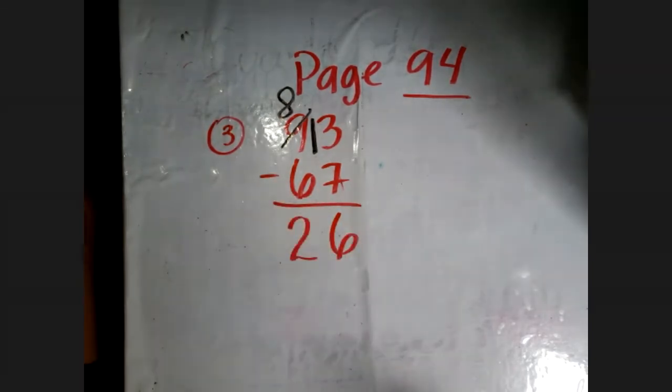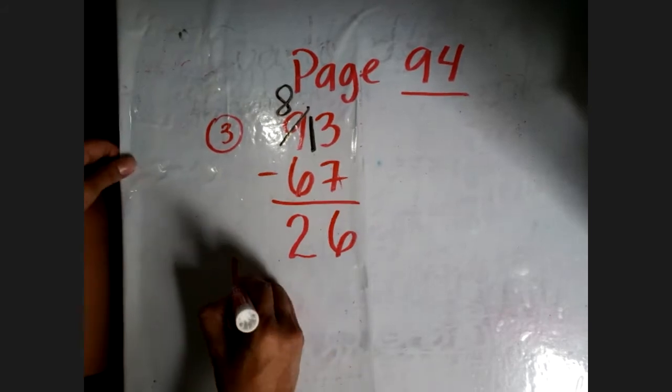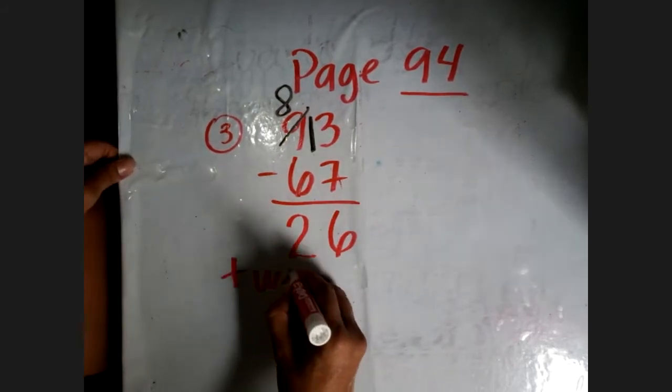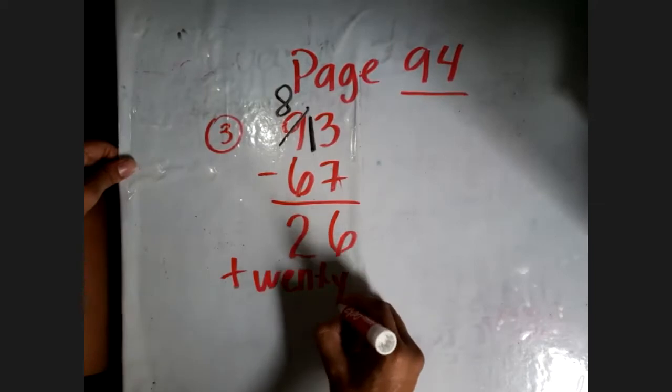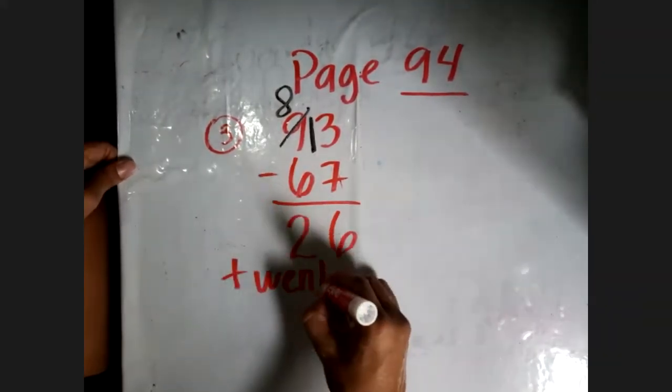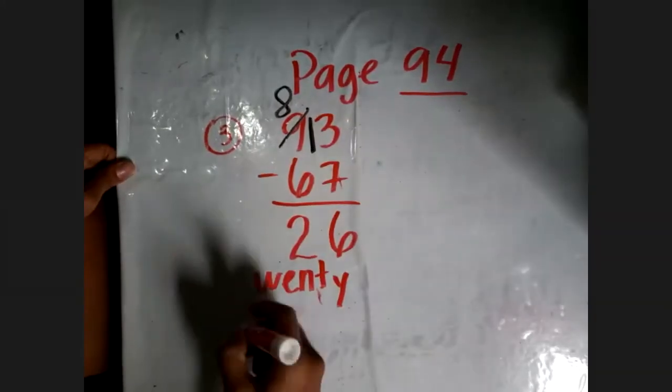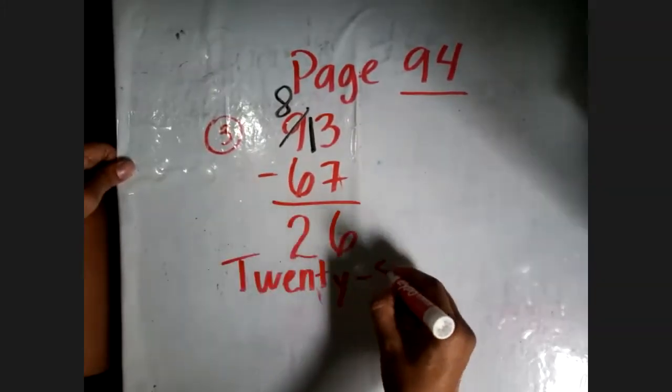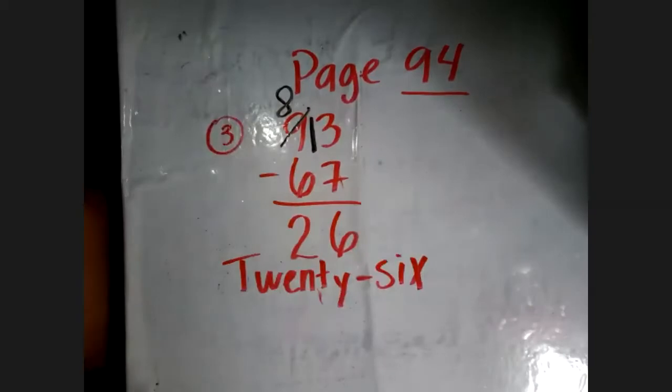Very good. What is the answer? 26. How ugly, my letter T, how ugly. Let's see. 26. That is my answer.